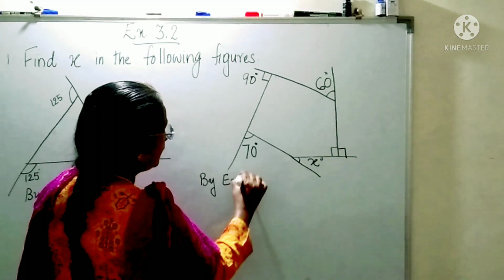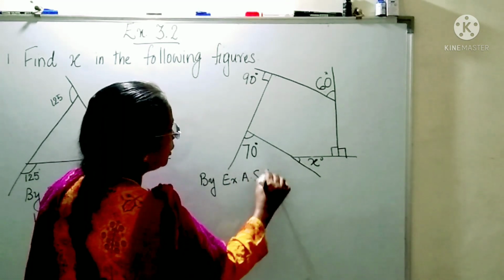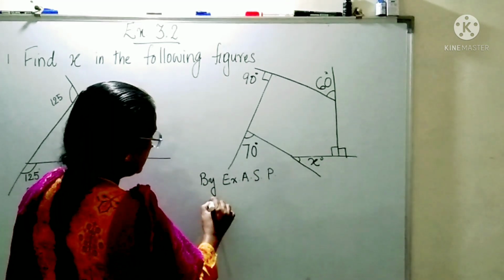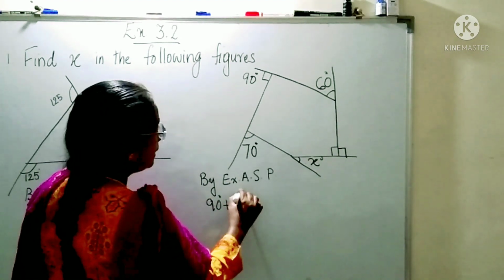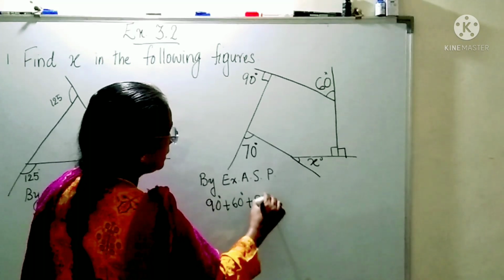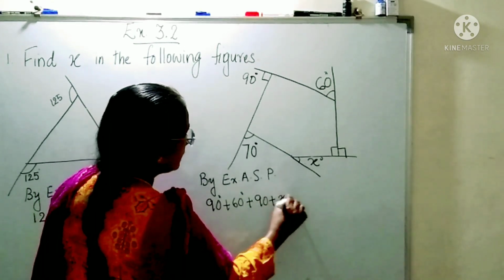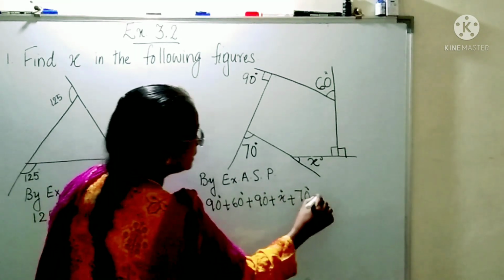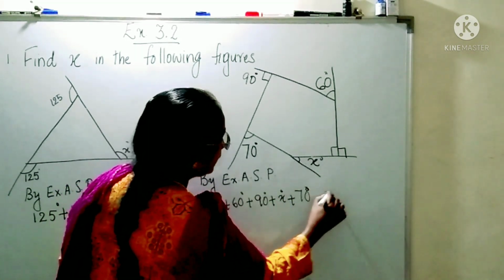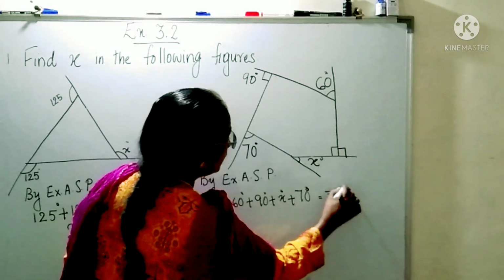So by exterior angle sum property, what do you get? 90 plus 60 plus 90 plus x plus 70 is equal to 360 degrees.